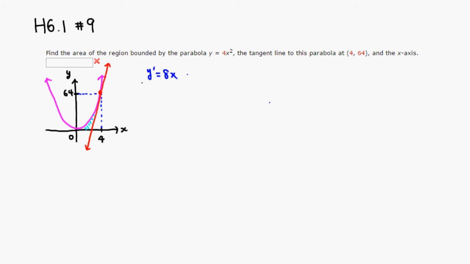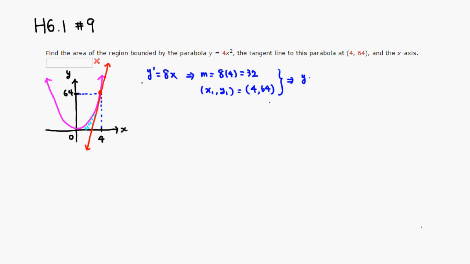So the slope is 32. And the point (x1, y1) is (4, 64).